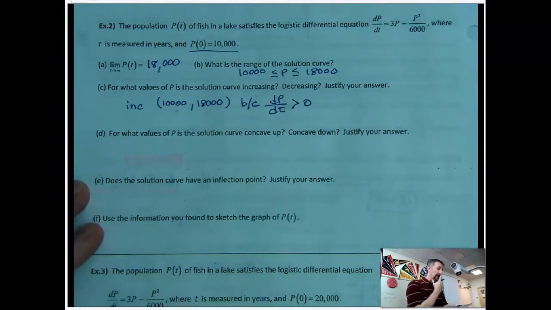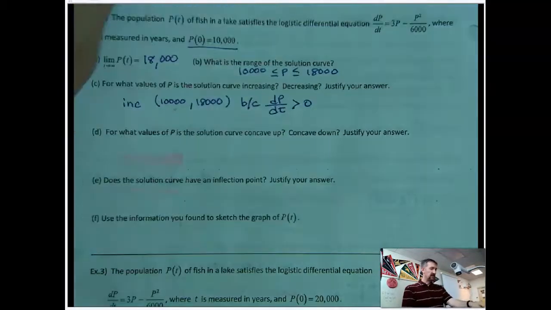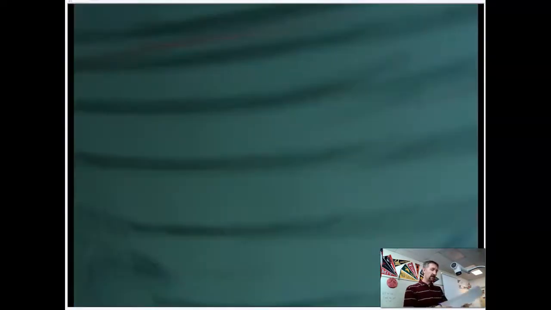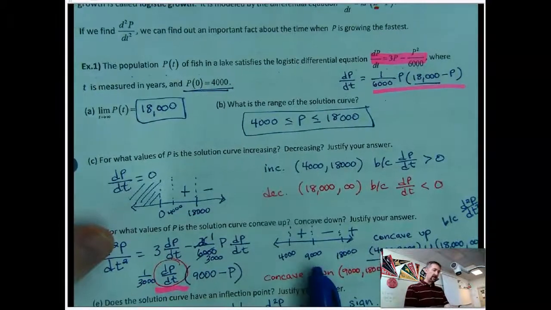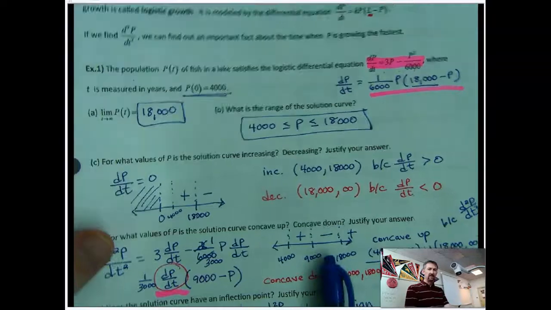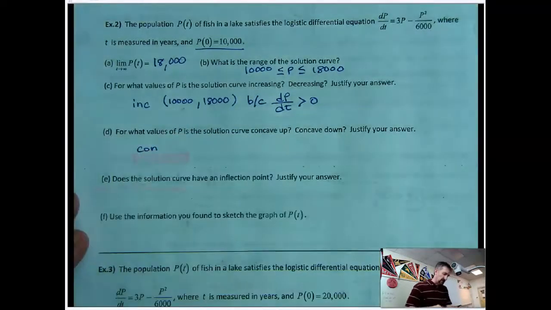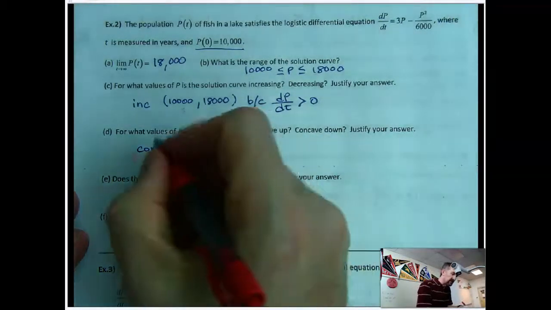Okay, and similarly, if we think about where is it concave up or down, that was between 10,000 and 18,000, this is going to be negative that whole time. So it's concave. I guess I could use red since I used red on the other side.